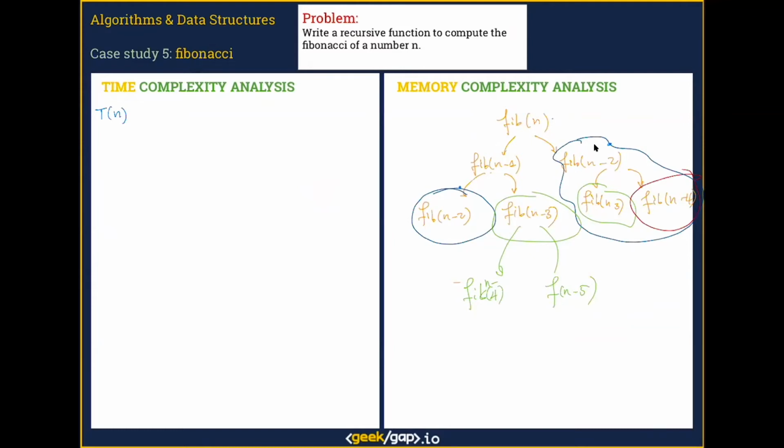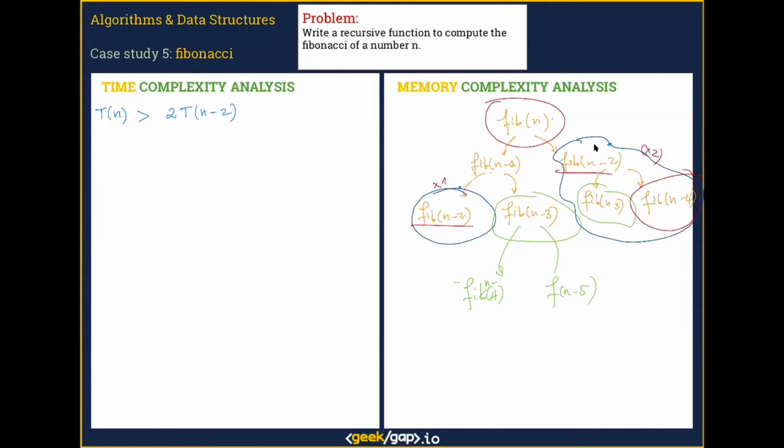So this time is bigger than 2 times the time it takes to solve Fibonacci of n minus 2, right? Because to solve this one, we need to solve this one twice, once here and once here. This is Fib of n minus 2, and we need to solve this twice.